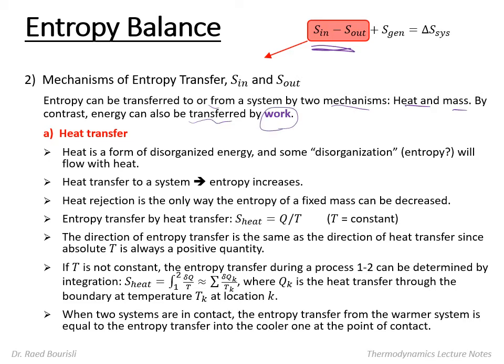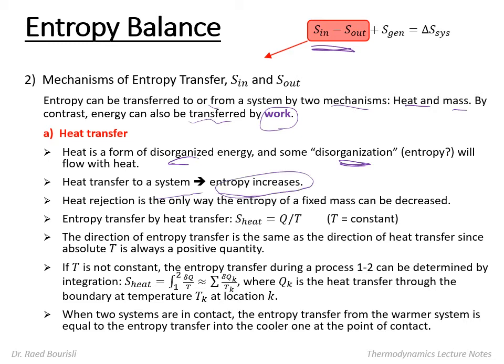Heat transfer. A few pointers on heat transfer. Heat is a form of disorganized energy. Some of the wrongful interpretation of entropy is that entropy is the disorganization, which is not true. So if you believe in this, which is wrong, entropy will follow heat. Heat transfer to a system is an increase in entropy.